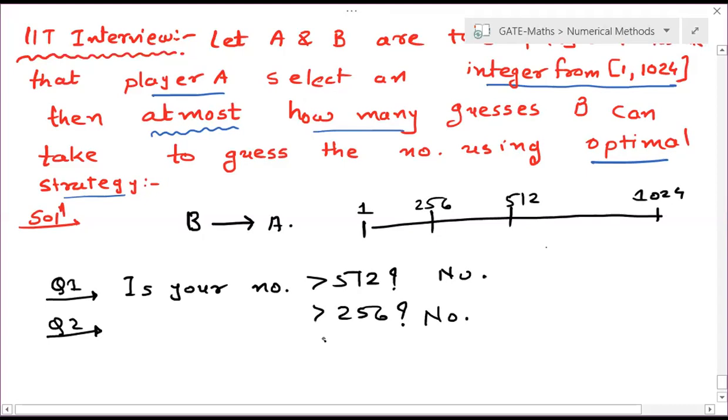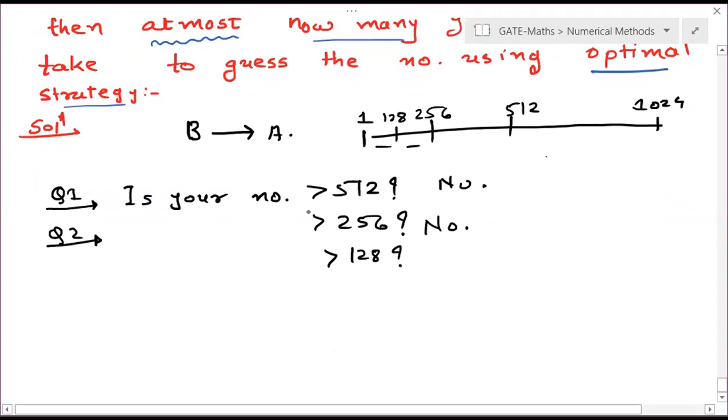Now his question 3 will be, is your number greater than 128 or not? Okay. So again, based on this answer, B will have two intervals. In the same way, B will have two intervals each and every time. We have to find the maximum number of questions. So this can be 64, 32, 16, 8, isn't it?